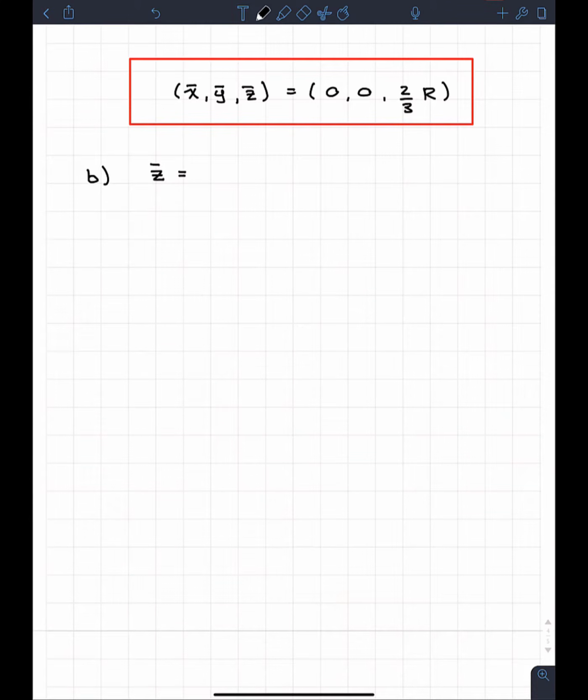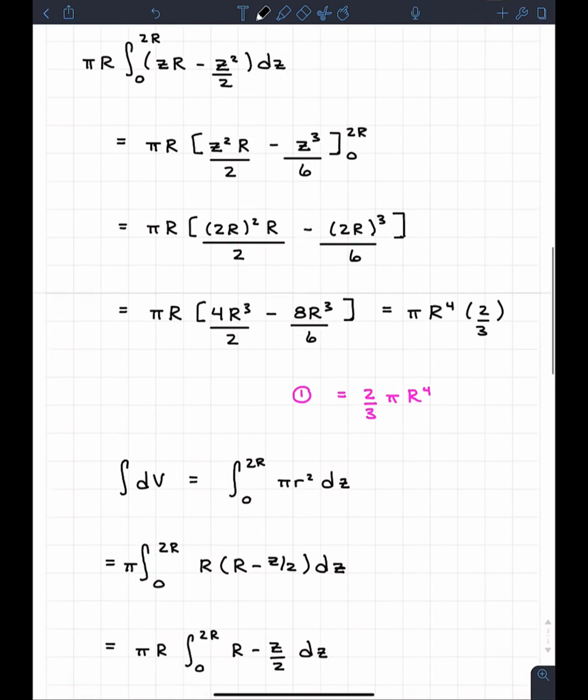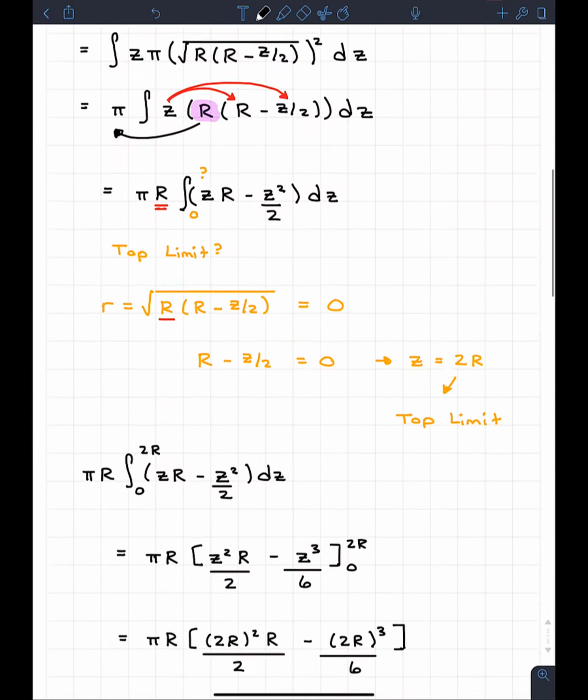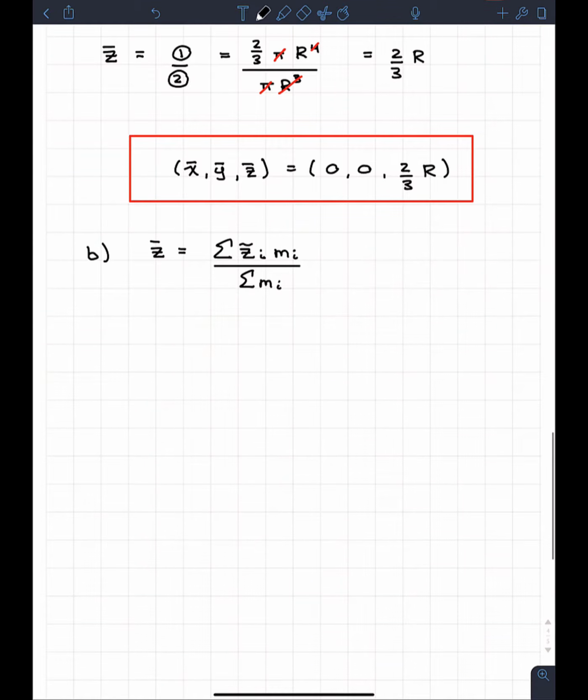So for a composite shape, it's going to be the summation of z squiggle i multiplied by mi, all divided by the summation of mi. So this is for center of mass. But if we look, we're not actually given mass up here. We're not given mass anywhere. We're given the density. But it's nice because what we can do is we know that mass is equal to density multiplied by volume. And we know the density of these shapes and we know the volumes.